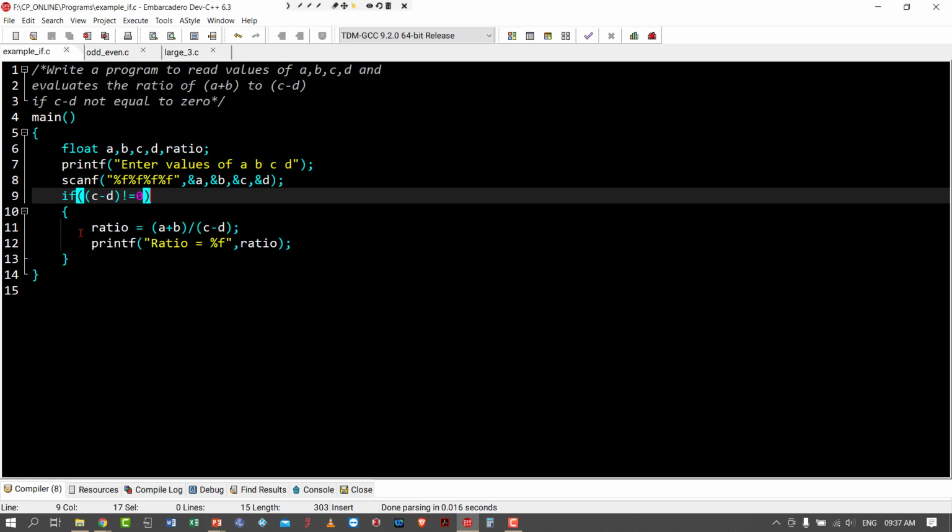If I remove this braces, the statement which comes immediately after that condition is only treated as a statement inside that condition. So these statements are called compound statements. Since we have more than one statement in the if condition, that is called compound statement.